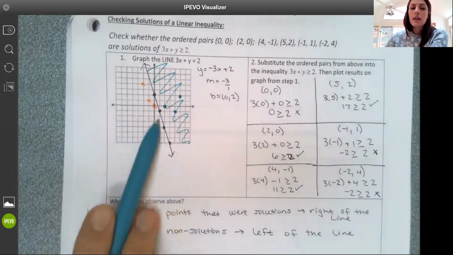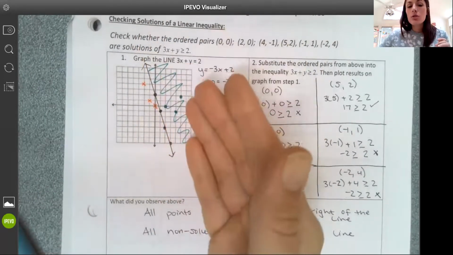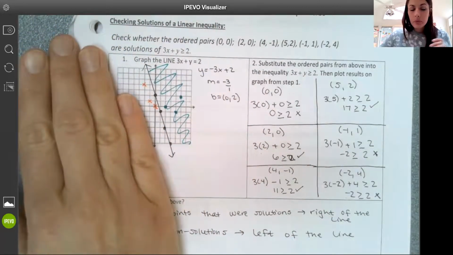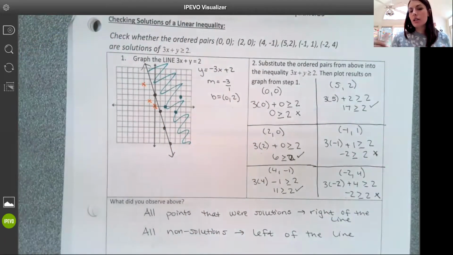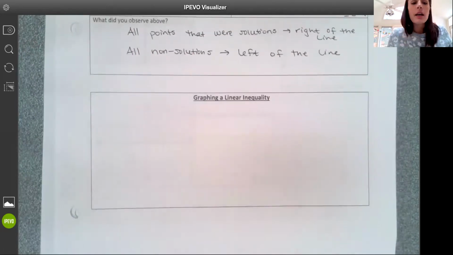Okay, so the line that we drew kind of broke my coordinate plane into two half planes, where one half includes all the solutions and the other half does not. And we're going to get some clarity on how to decide where my solutions are and where my solutions are not, and what a graph of an inequality actually looks like in the next few examples.